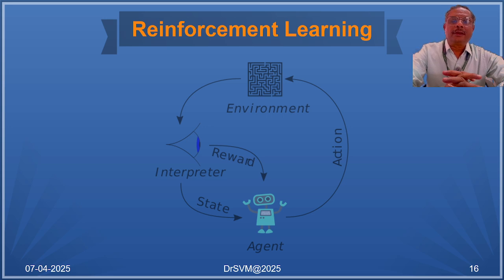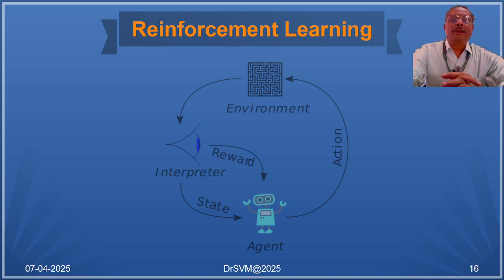So the action taken by the agent definitely is going to disturb the environment. So it's going to change the environment, and this change in the environment is again looked at by the interpreter, who identifies the change, and that makes the state of the system change.